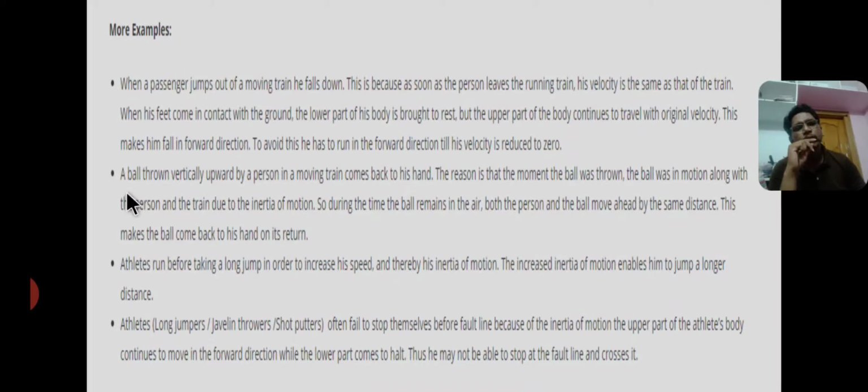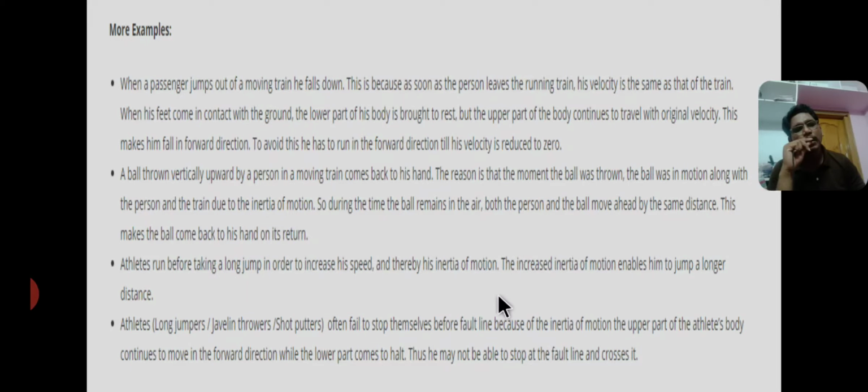Coming to another example, a ball thrown vertically upward by a person in a moving train comes back to his hand. The reason is that the moment the ball was thrown, the ball was in motion along with the person and the train due to the inertia of motion.